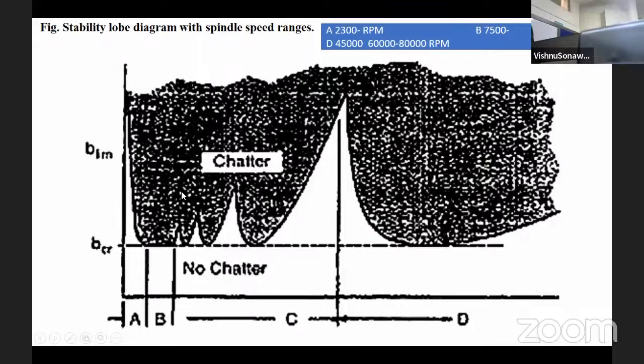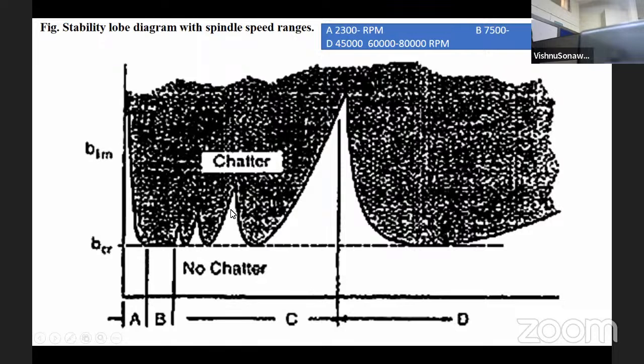And what will happen when we again increase the speed from 2300 to 7500? Again there is chatter between the cutting tool and the workpiece material.